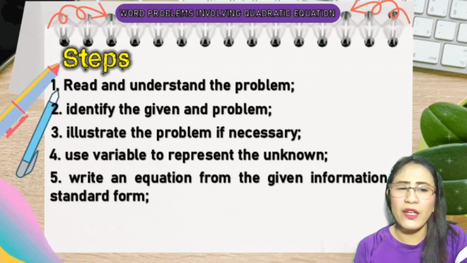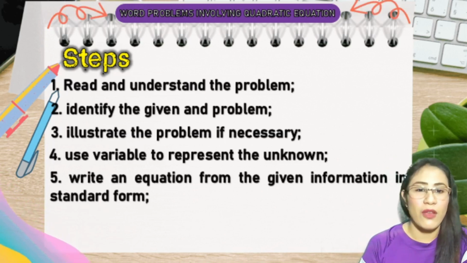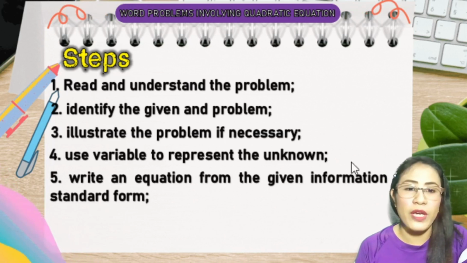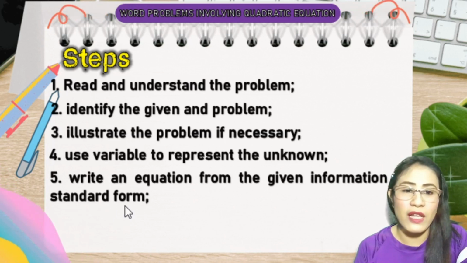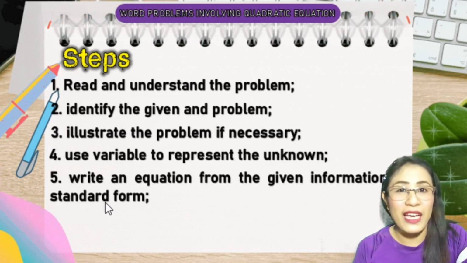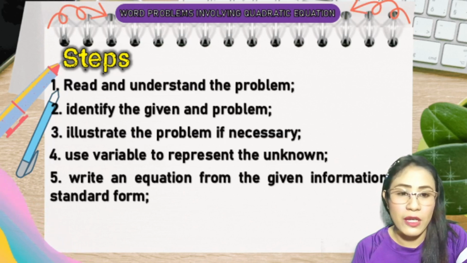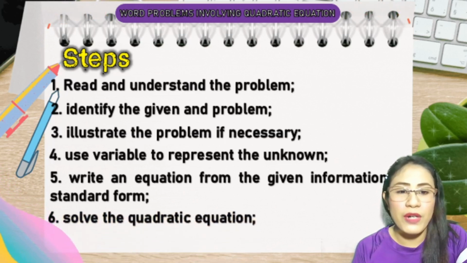5. Write an equation from the given information in standard form. So, we have to write the equation in standard form. Ano ba yung standard form of quadratic equation? ax squared plus bx plus c is equal to 0. 6. Solve the quadratic equation.